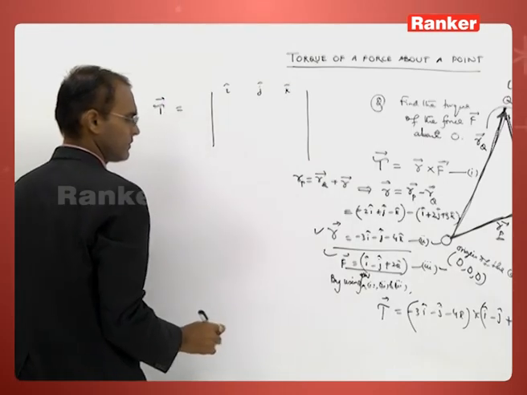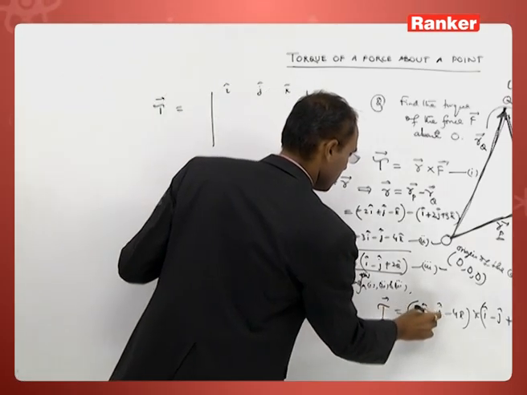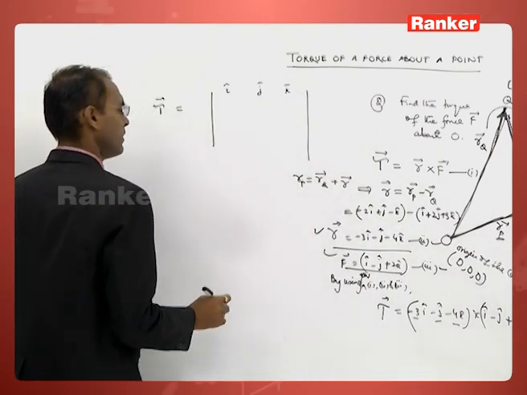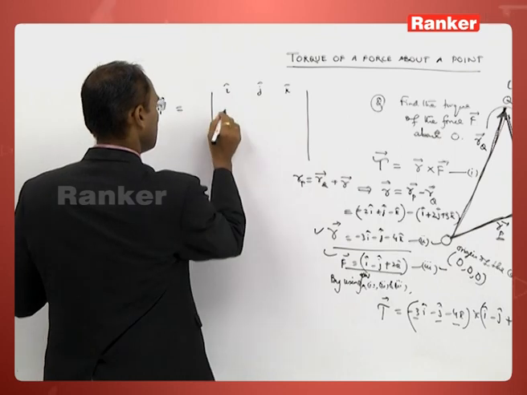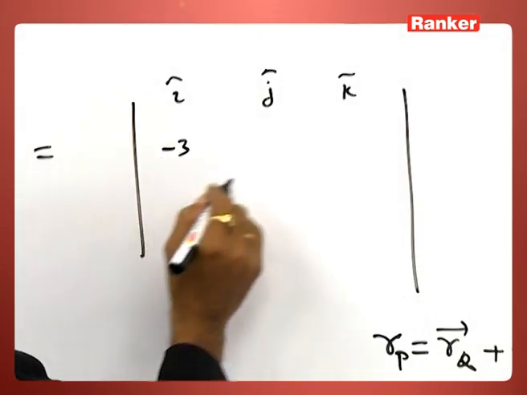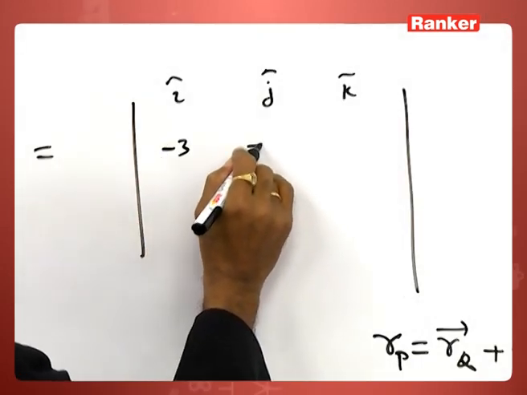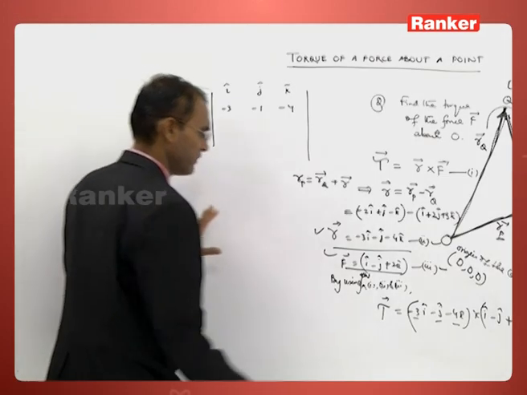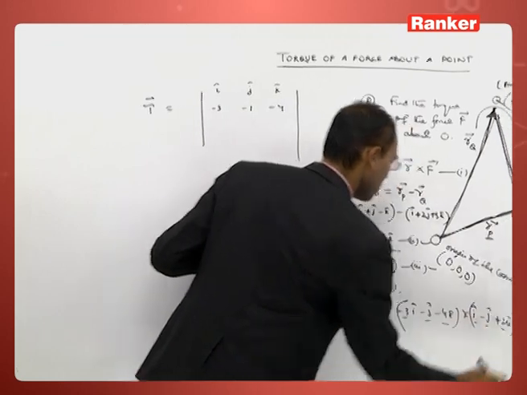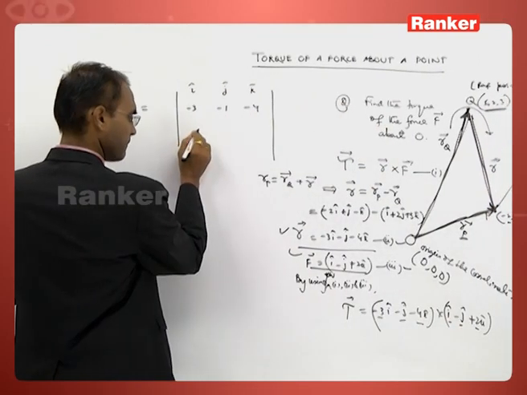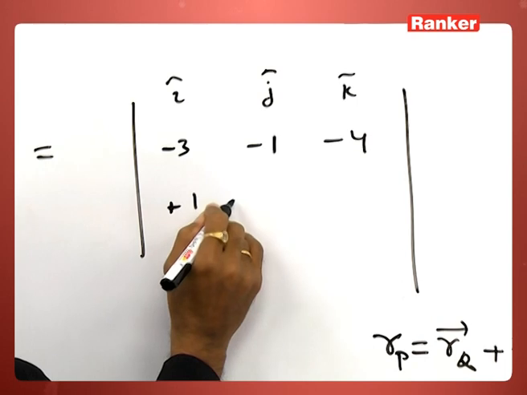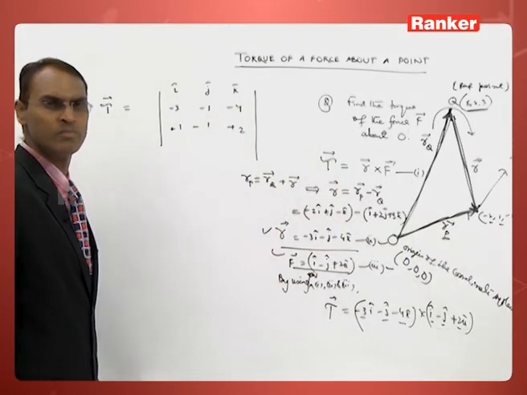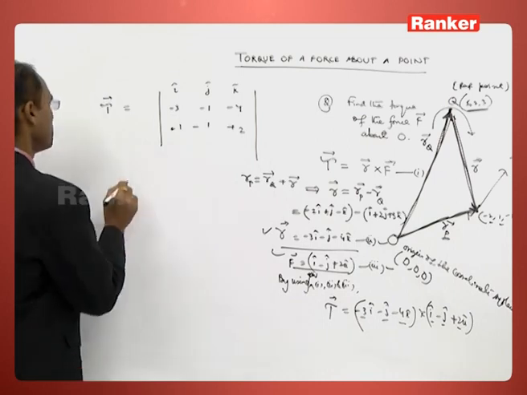Then the components of the position vector are minus 3, minus 1 and minus 4. Then the components of the force vector, plus 1, minus 1, plus 2. How much are you getting?